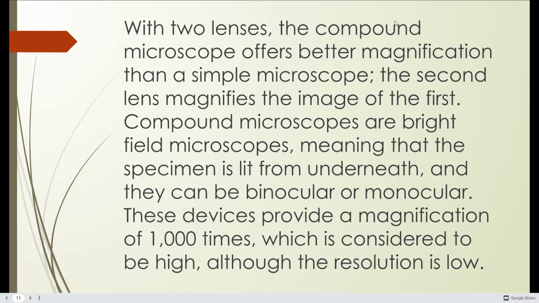These devices provide magnification of up to 1,000 times, although the resolution is low.